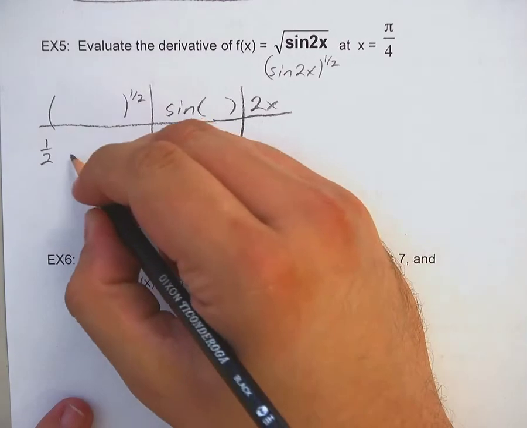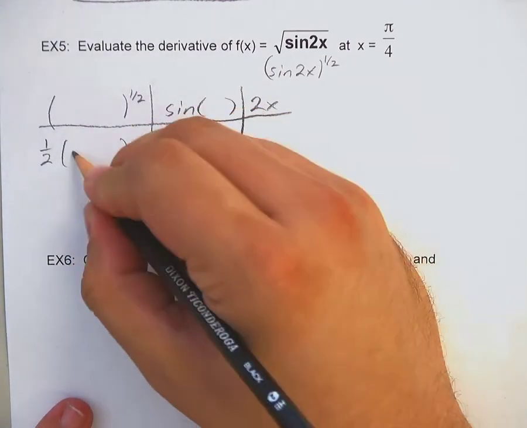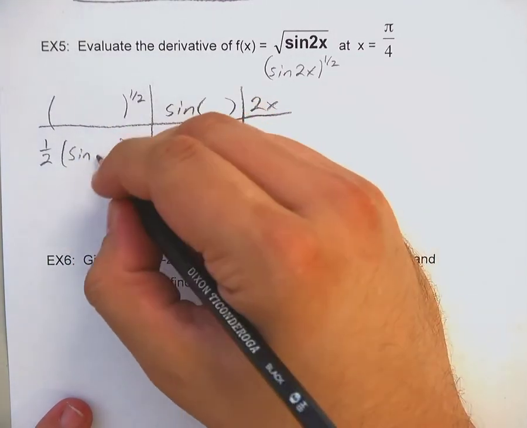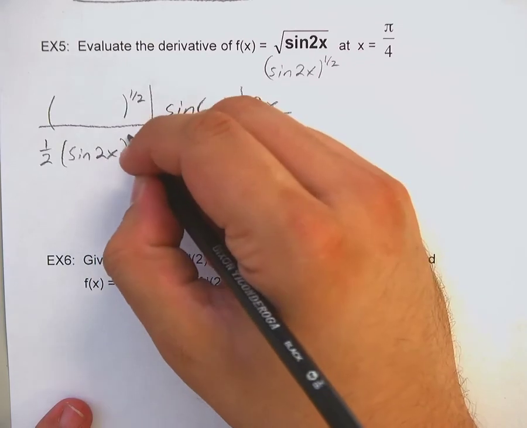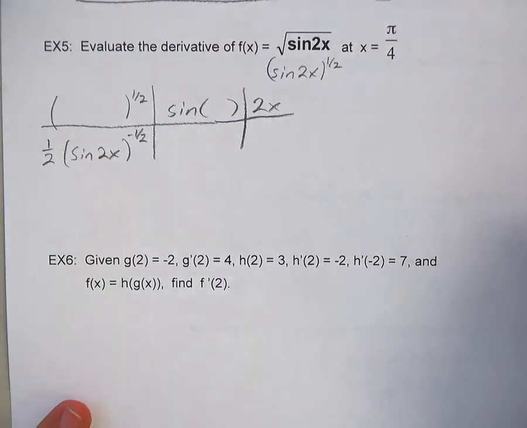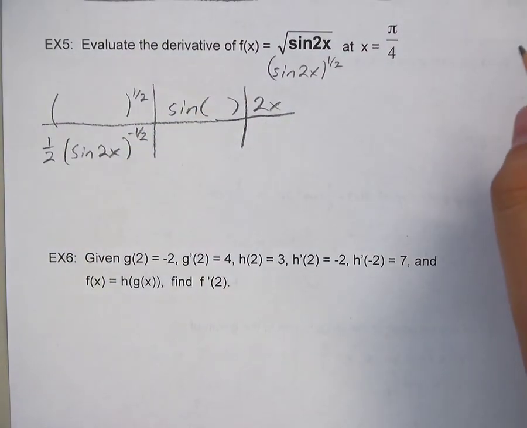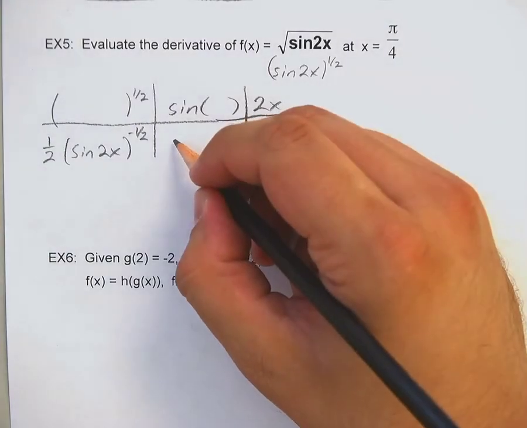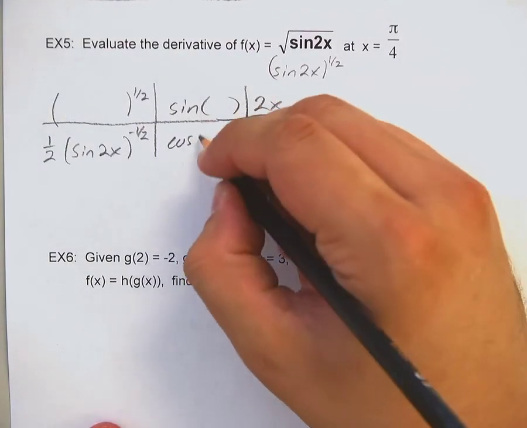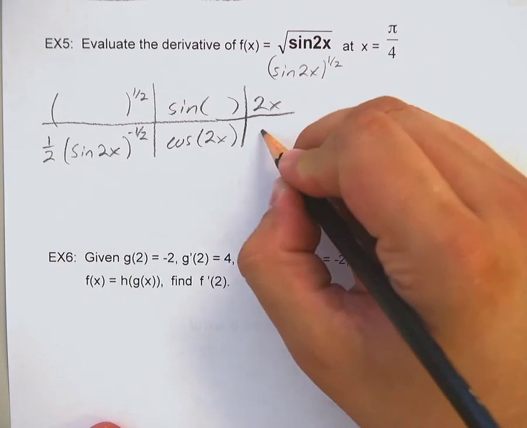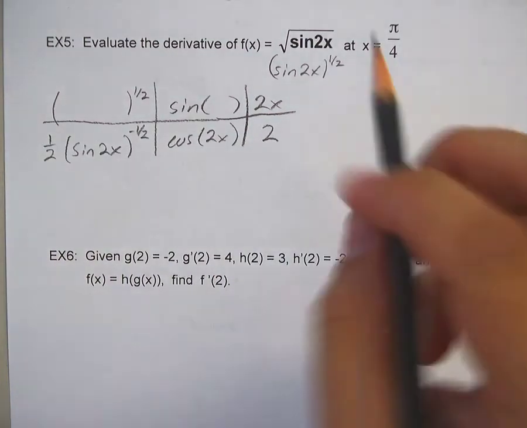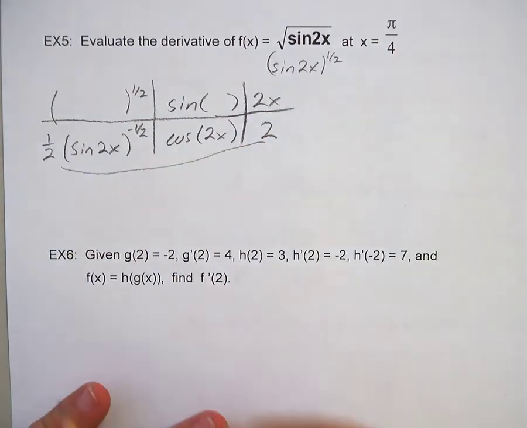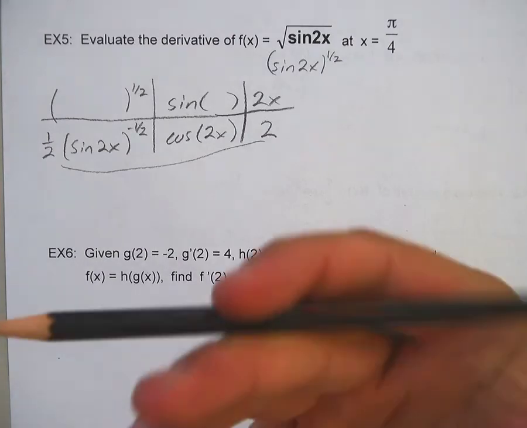1/2, parentheses. The chocolate and the nut have not changed to the negative 1/2, right? This will be cosine. The nut has not changed, and the nut is 2. Multiply your 2 and your 1/2, so it gives you 1.